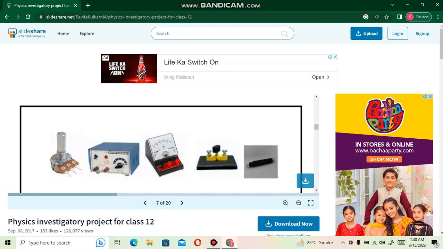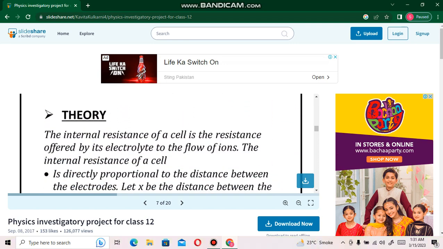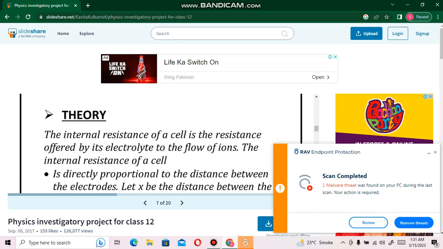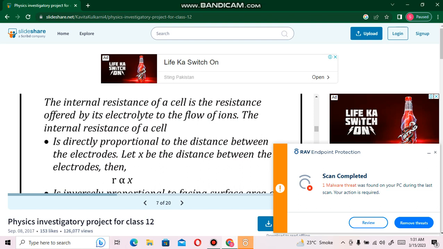And this is the figure of the ammeter and other apparatus. Theory. The internal resistance of a cell is the resistance offered by its electrolyte to the flow of ions. The internal resistance of a cell is directly proportional to the distance between the electrodes.